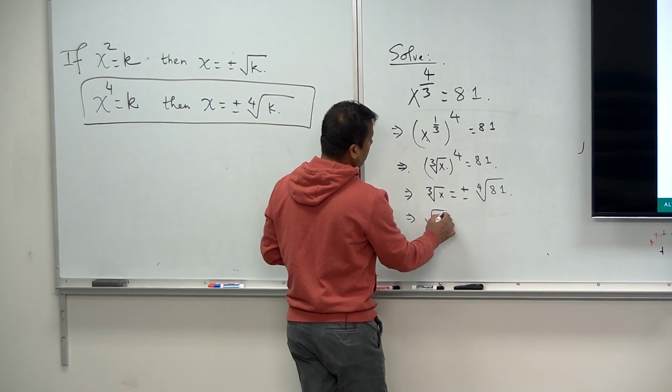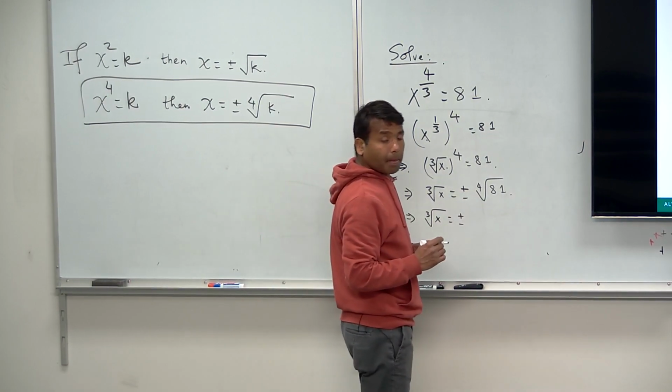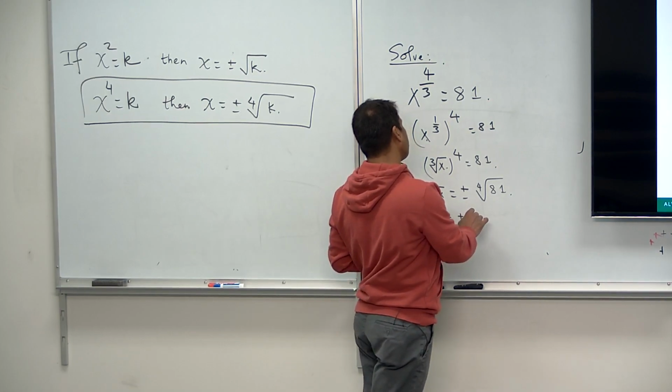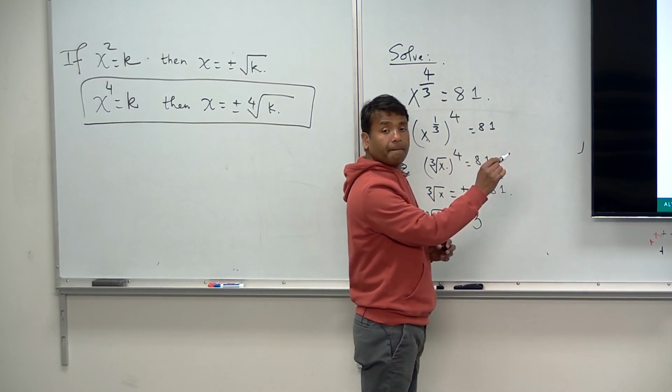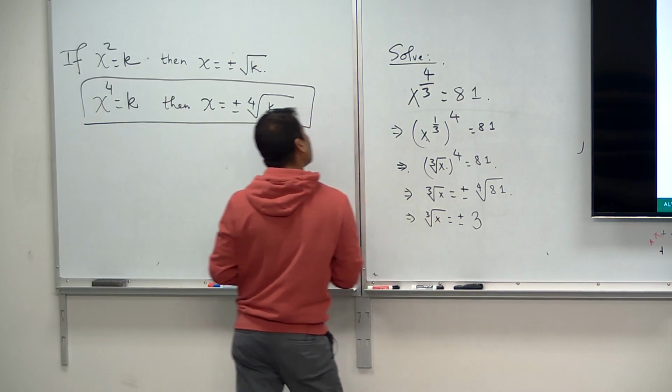So what is the 4th root of 81? Is that 3? The 4th root of 81 is 3. Do you guys know that?